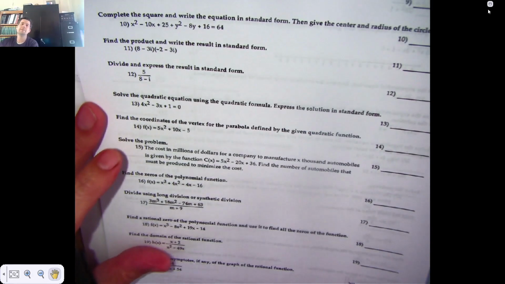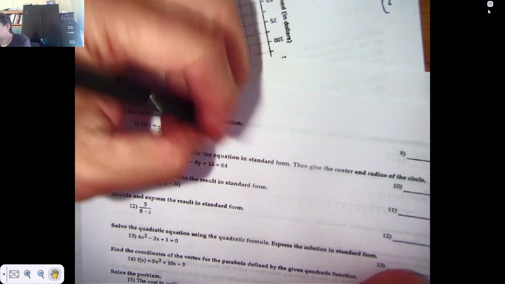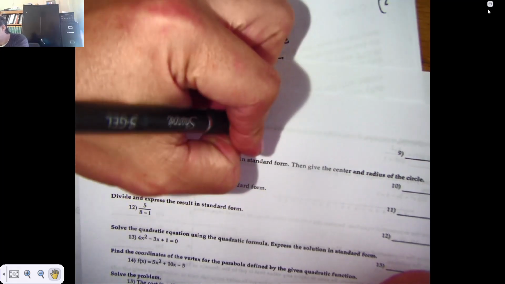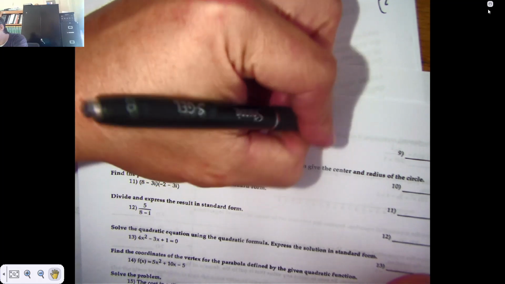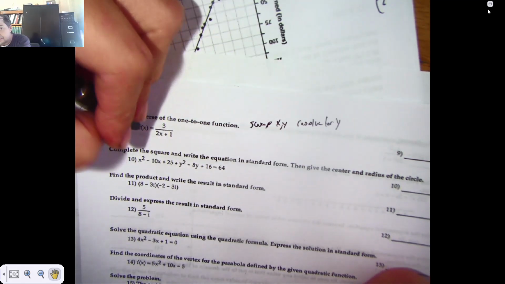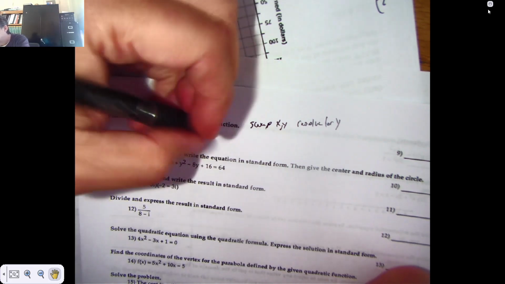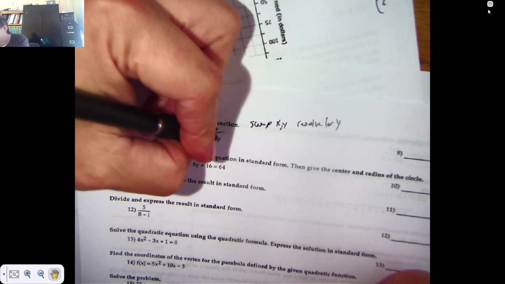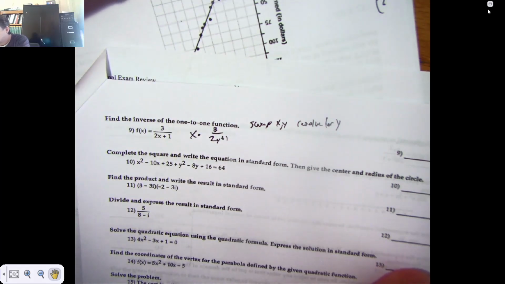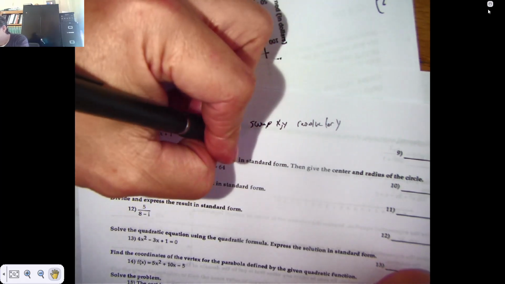Write an inverse. Number 9. To write an inverse, you swap x and y, and you resolve for y. So that y becomes an x, and that x becomes a y. You're going to 2y both sides.